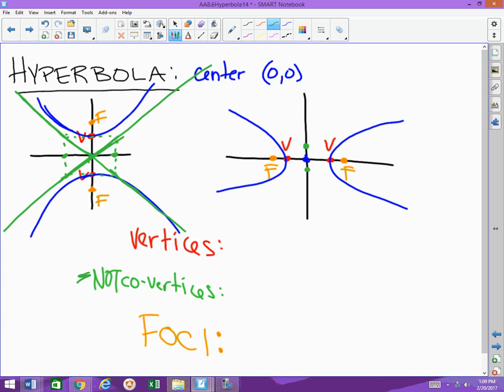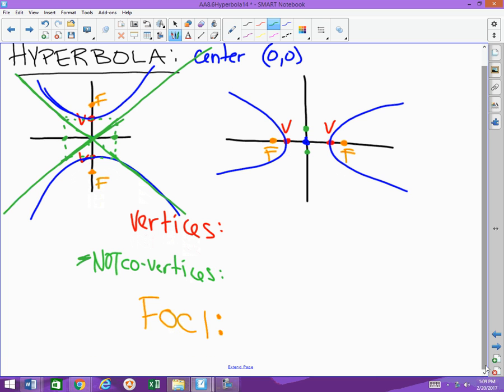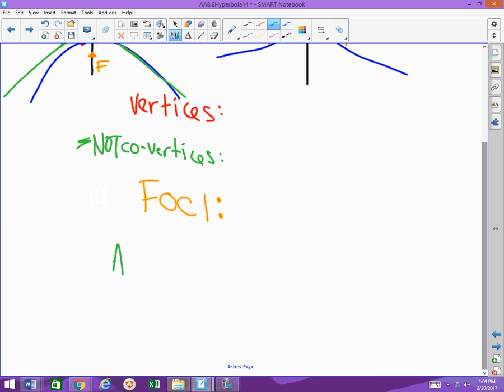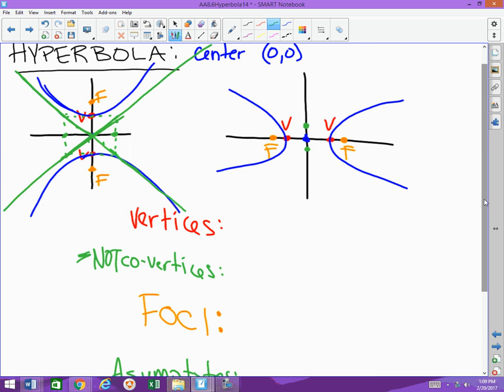These lines are called asymptotes, and those help define where the hyperbola goes.